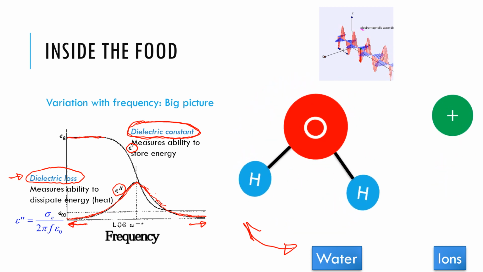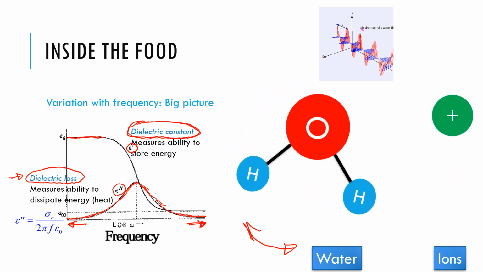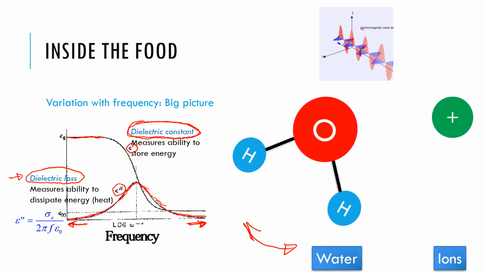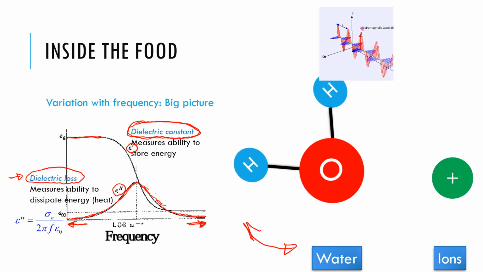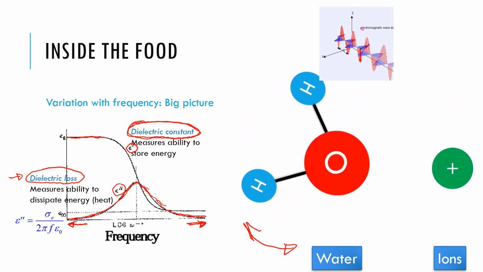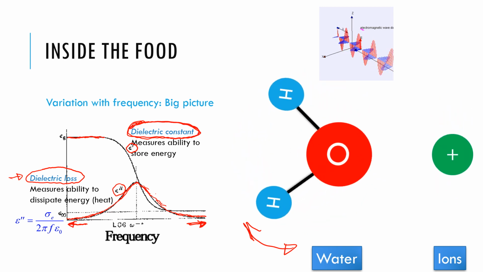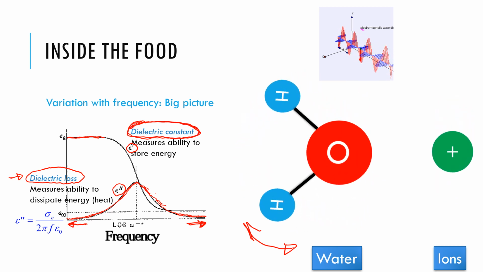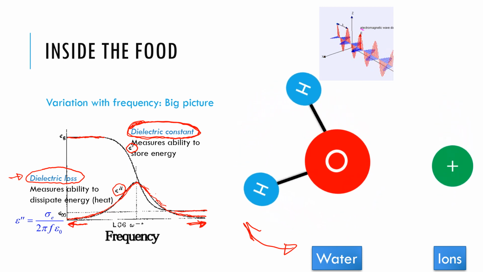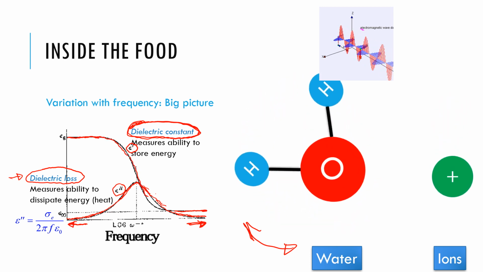At the higher frequency range, it is not even able to follow the field. So forget about storing energy. It's not able to store any energy. So the property that measures the ability to store energy is going to approach zero. So the variation is going to be something like this.